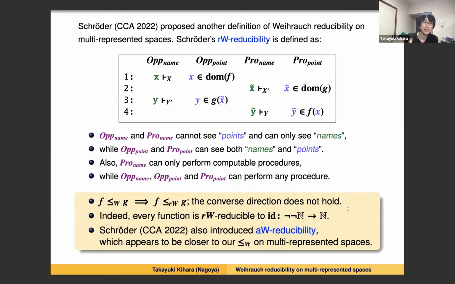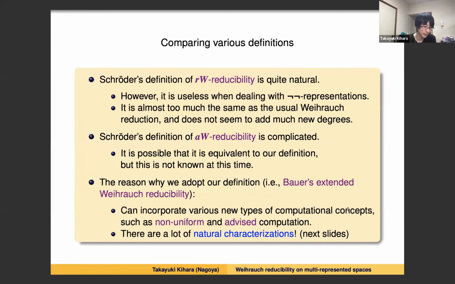Anyway, in summary, while Schroeder's RW reducibility is fairly natural, the opponent is too weak, and so this reducibility is not useful for analyzing double negation type predicates. In fact, it's almost the same as the ordinary Weihrauch reducibility, and I suspect that there is not much new to be found in it. The definition of AW reducibility is complicated, so I'll skip it for now.